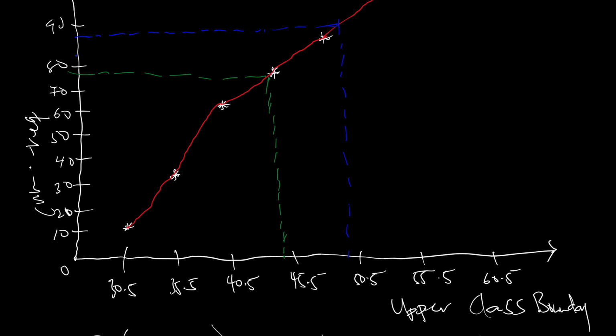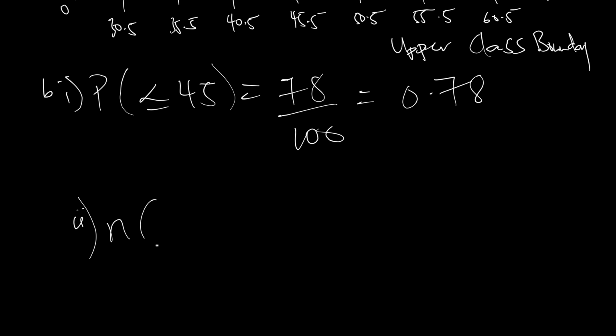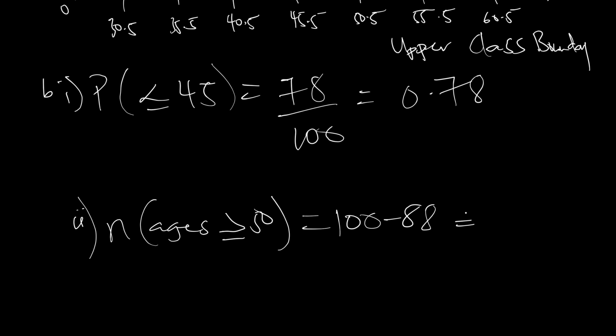When you do it on your graph sheets, this point should be 88. So the number of workers whose ages are less than 50 will be 88. This means that the number of workers whose ages are more than 50 will be 100 minus 88, and that will be equal to 12.